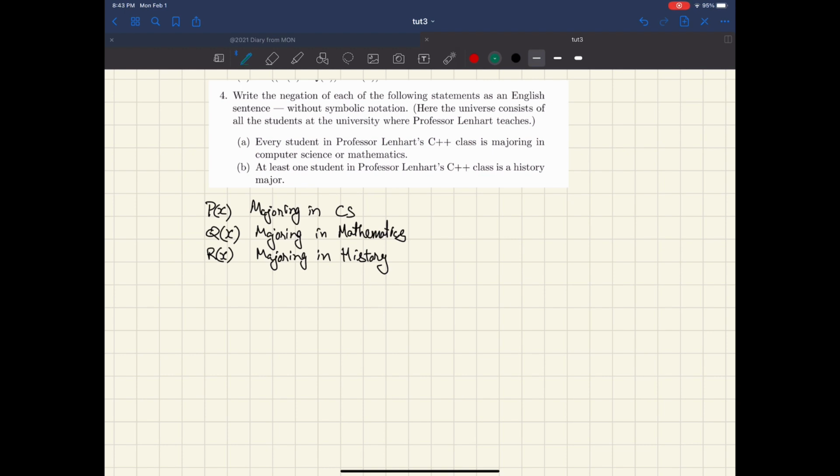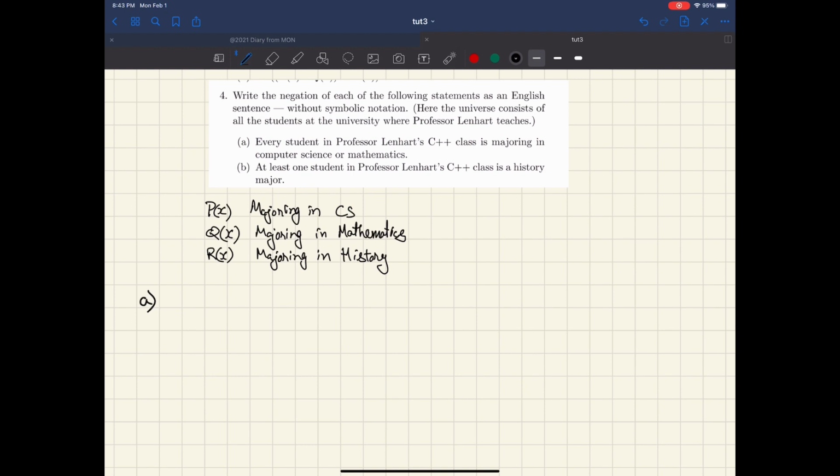So let's write them in terms of symbolic notation. P of x would mean majoring in CS, Q of x would mean majoring in mathematics, and R of x means majoring in history.